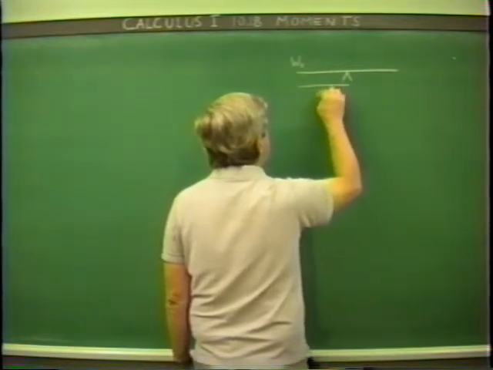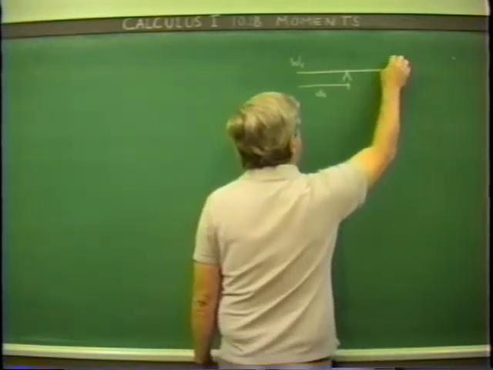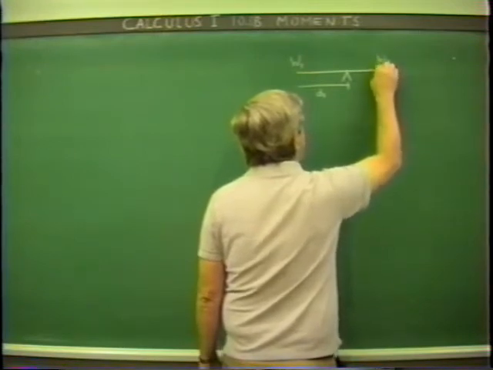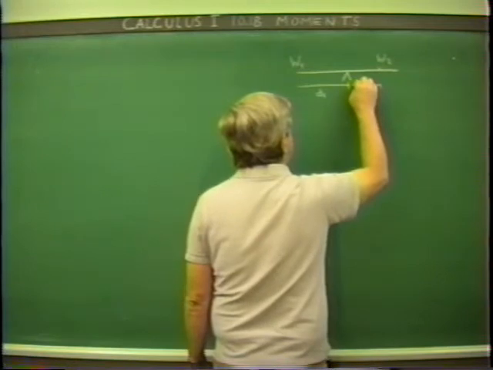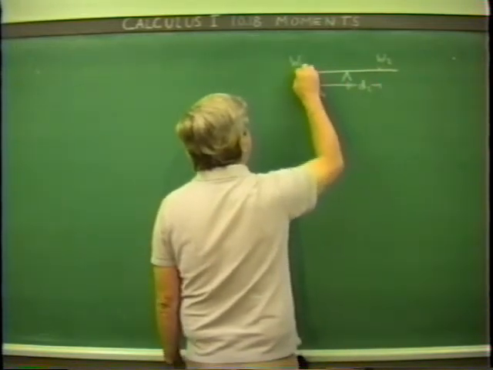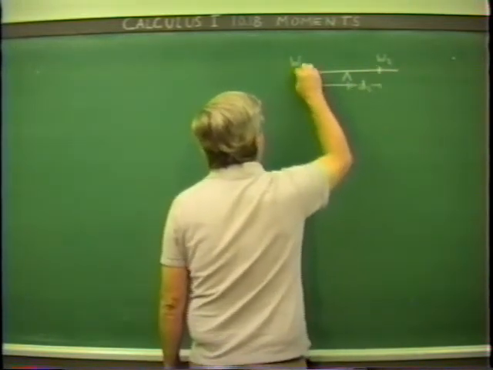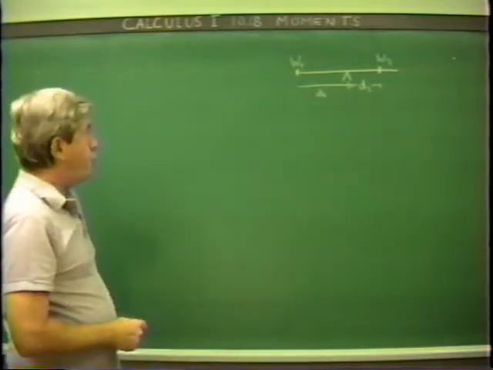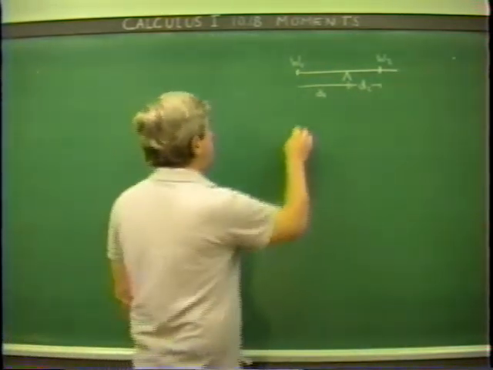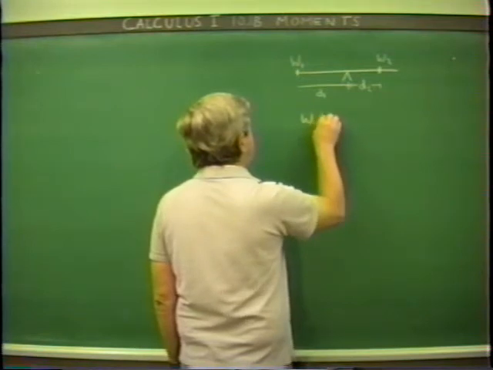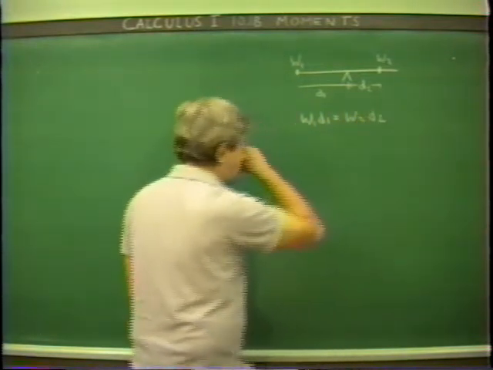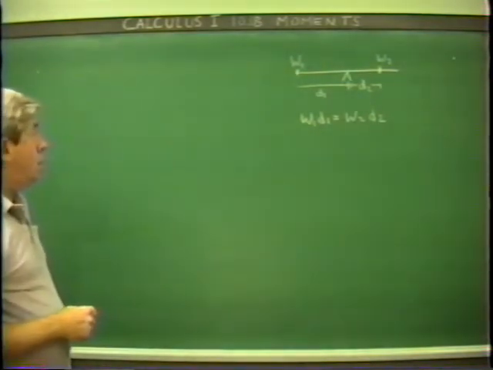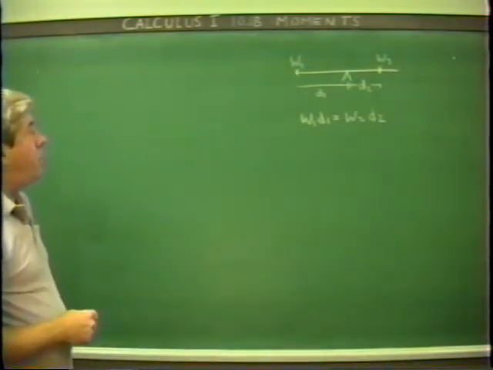If you've got a teeter-totter, right, and there's a weight W1 here at a distance D1 from the balancing point, and another weight W2 here at a distance D2 from the balancing point, from the center of the teeter-totter, then this whole system will balance when W1 D1 is equal to W2 D2.